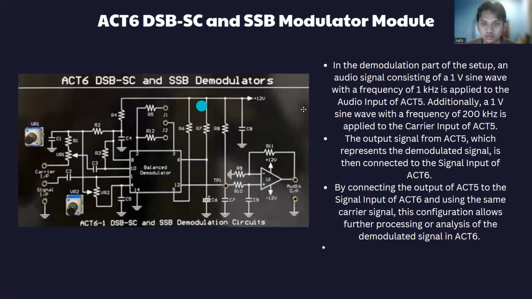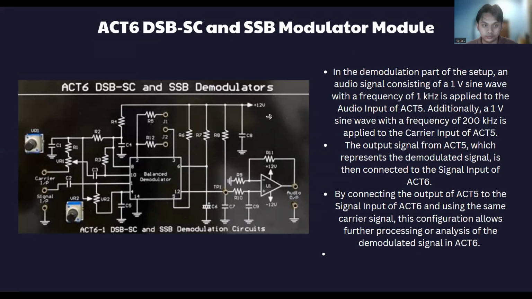Next is the demodulator. Also, we use the SCT DSB-SC and SSB demodulator for this demodulator experiment. In the demodulator part of the setup, an audio signal consisting of a 1 volt sine wave with a frequency of 1 kHz is applied. Additionally, a 1 volt sine wave with a frequency of 200 kHz is also applied to the carrier input.